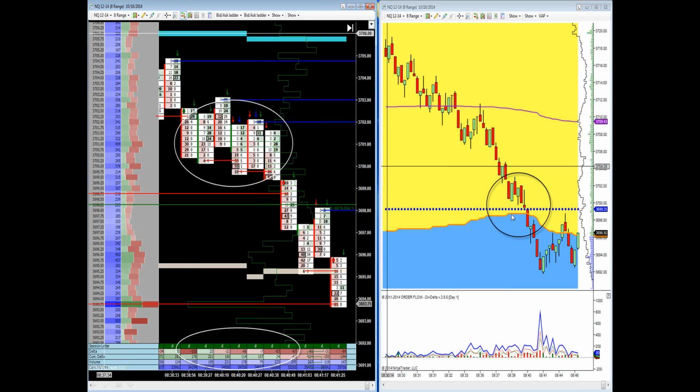I'm not willing to do anything unless it touches this orange area, because at this point I don't know, because it still has room below. If I buy it because it's not going lower, it still, in my mind, has the capability of finding its way down here to this lower value area.